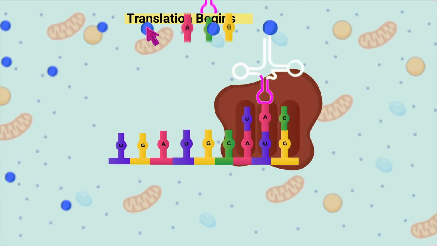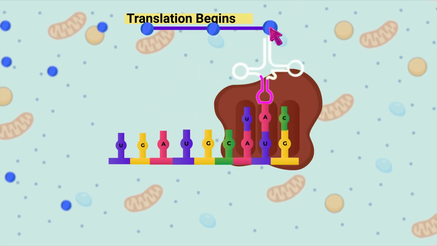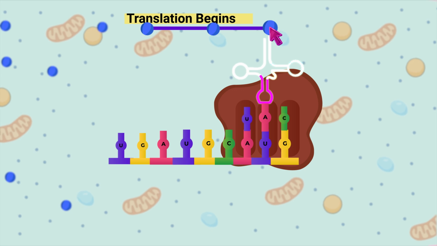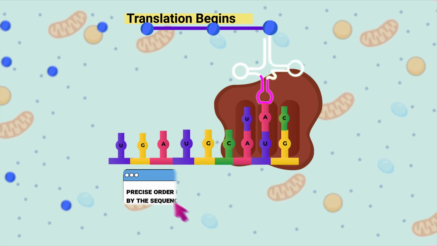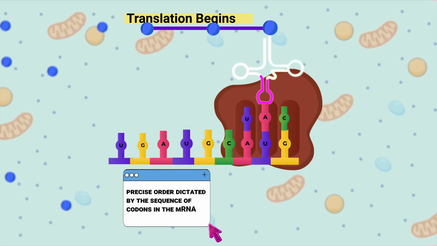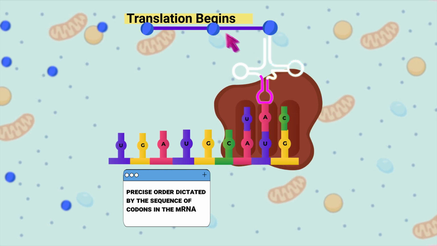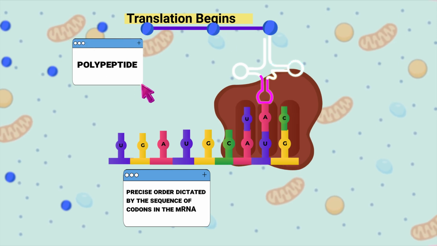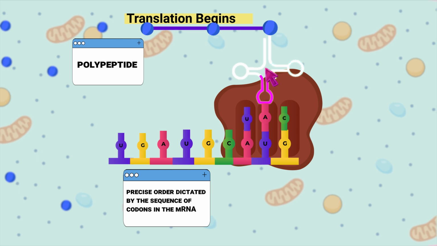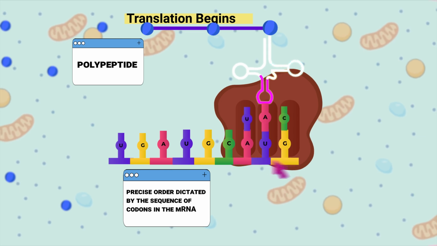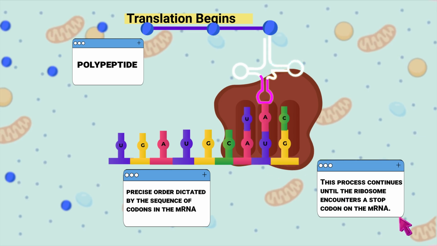One by one, these amino acids are added to the chain, and they are added in the precise order dictated by the sequence of codons in the mRNA. In this way, the ribosome gradually assembles a long chain of amino acids known as a polypeptide. This process continues until the ribosome encounters a stop codon on the mRNA.